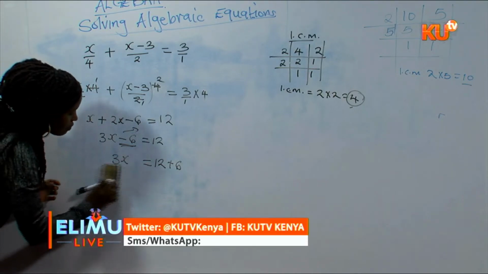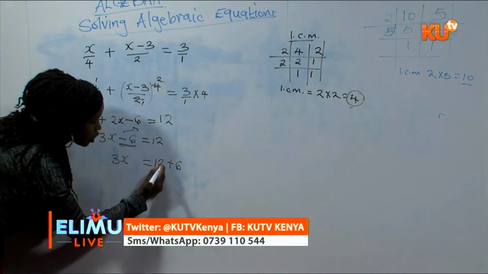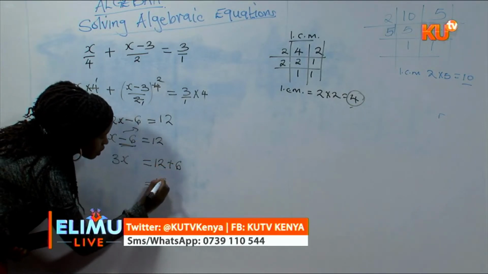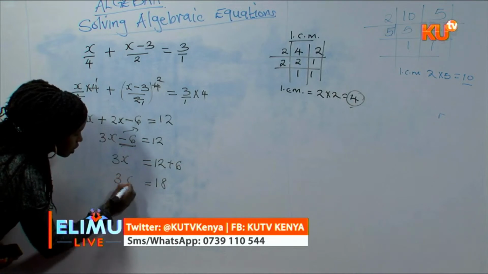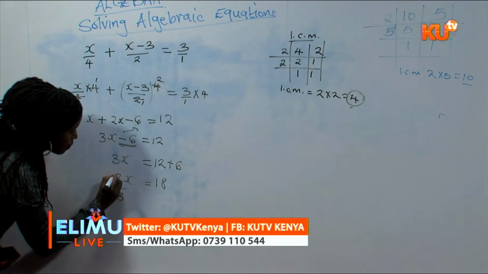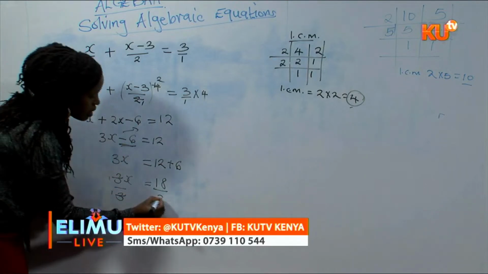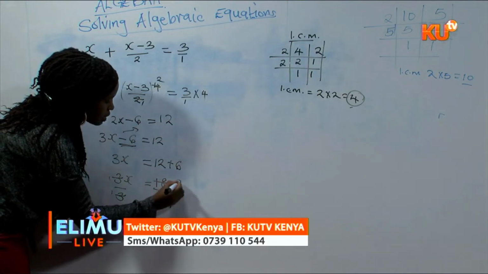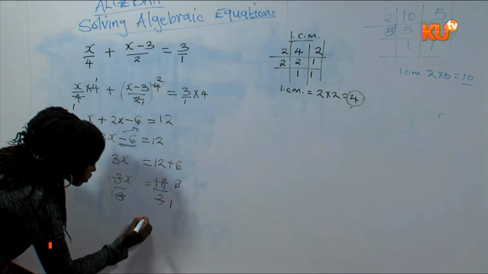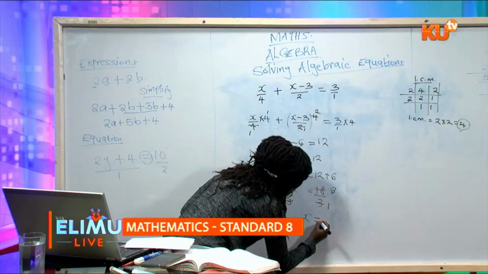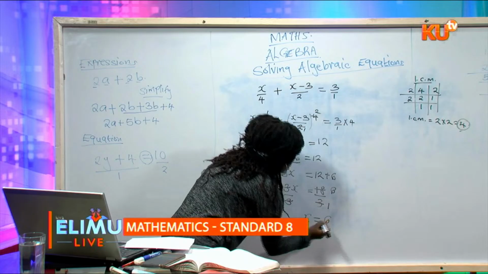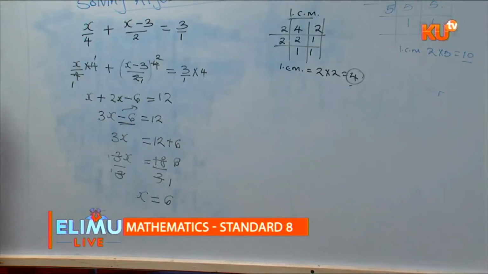Before we divide, we add first. 12 plus 6 is 18, and this side is 3x. So I divide by 3 on the other side. So by 3, 1, by 3, 6. So x is equal to 6. So the value of our x is 6.